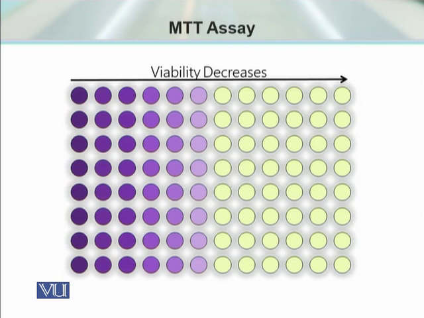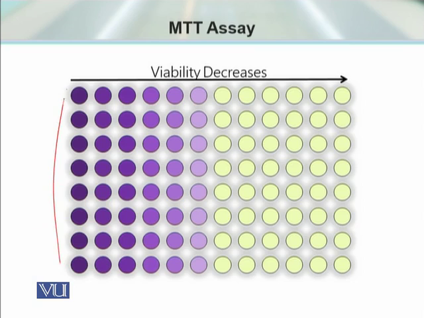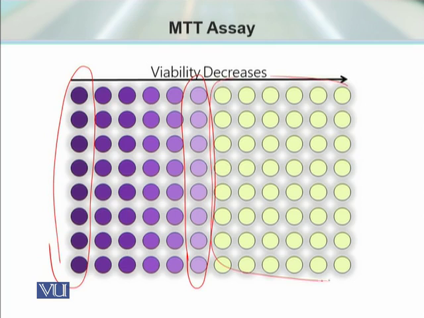This slide only gives you an idea about the variations in the color intensity and the cell viability. If we look at the very first column and rows, like this one, the color intensity, and we compare it with this one, and with this block where the yellow color prevails, that indicates that the viability of the cells in the MTT assay is decreasing from left towards right, like this.